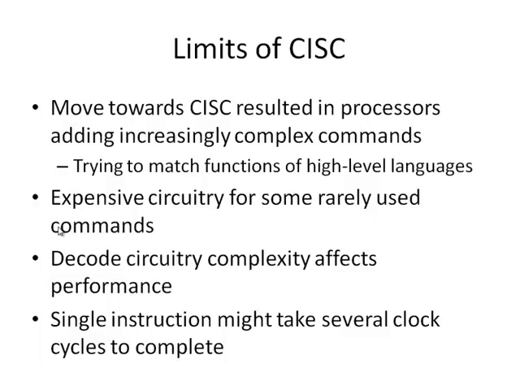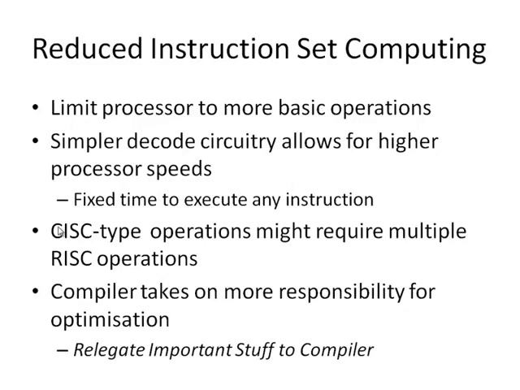So the speed of the processor is measured in a clock speed of so many gigahertz or megahertz, how many million or billion times per second the processor is able to do something. But a single instruction, because it's so complicated, might take several clock cycles to complete. And different instructions might operate at different speeds as well, which can also complicate your design.